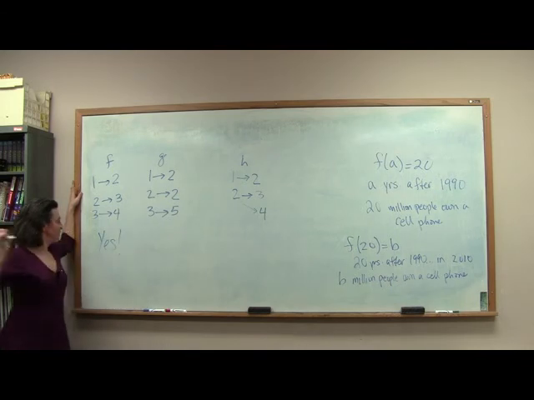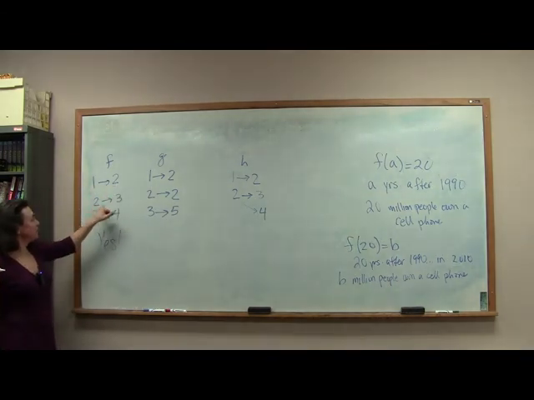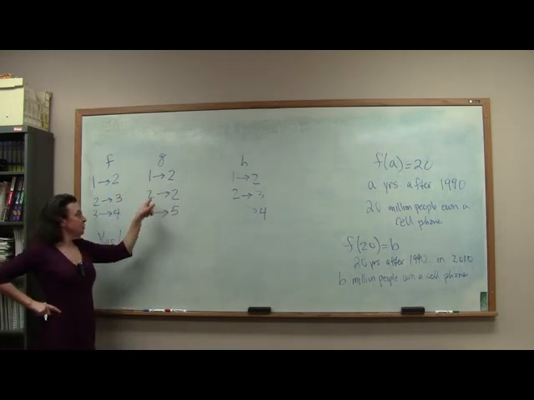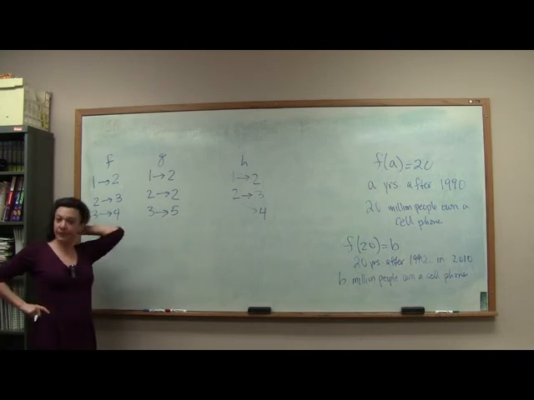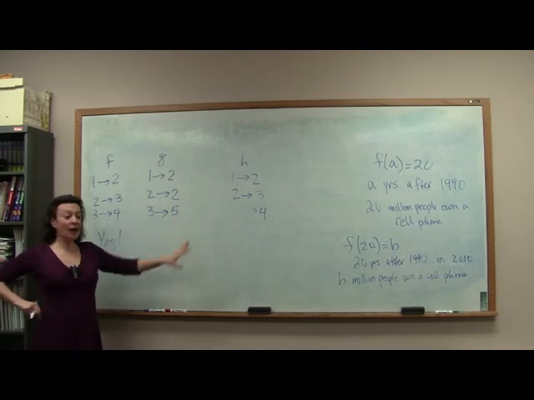So, yes, he's a function. Each input is going to exactly one output. Okay? Let's look at g. Well, 1 is going to 2, 2 is going to 2, and 3 is going to 5. Again, is each input going to exactly one output?